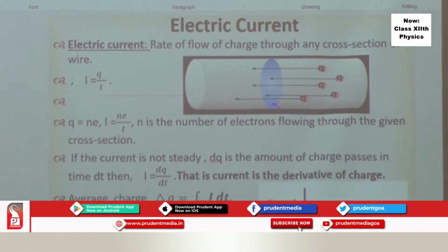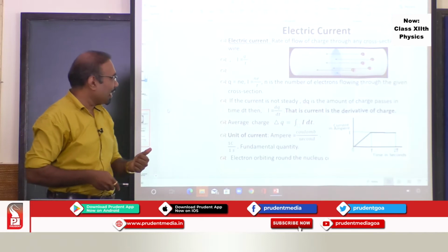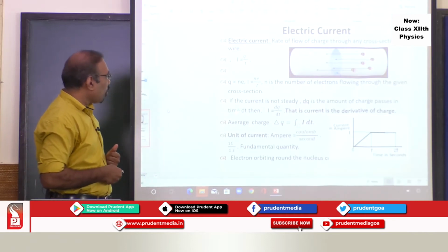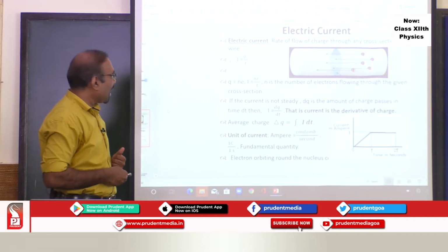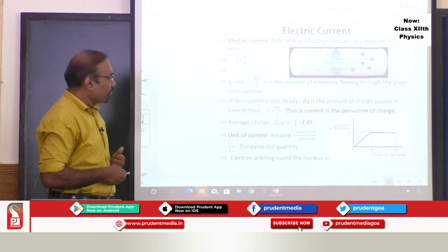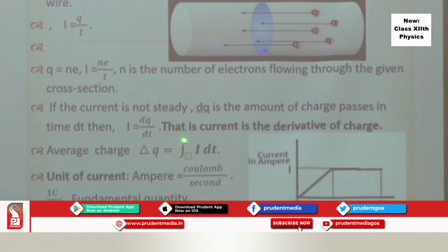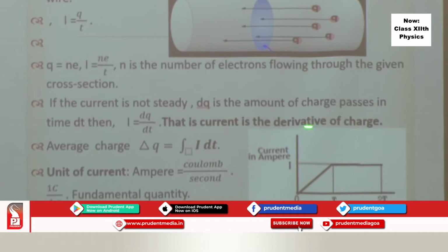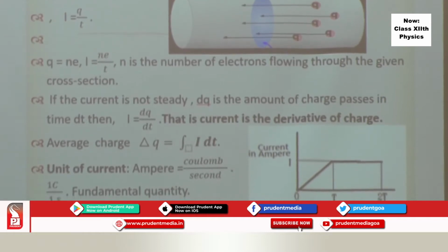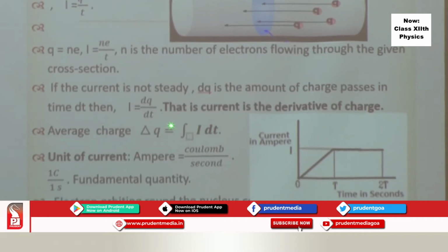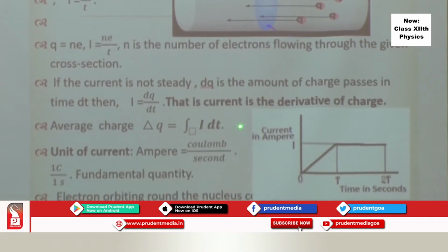Now, if the charge flow is not steady, that is, unsteady, in that case you take a small amount of charge passing through a small time interval dt, and that charge upon dt, dq/dt, will be the current. In mathematical terms, current is the derivative of charge. Also, if you want to find the total charge, you can use a different formula, the integral of I dt.